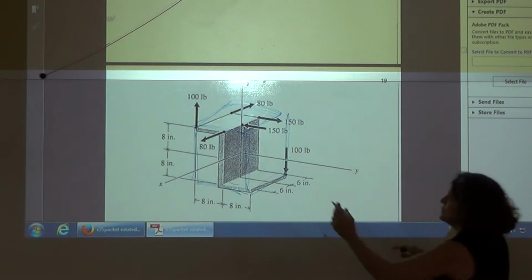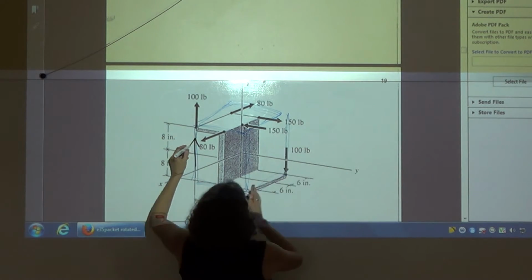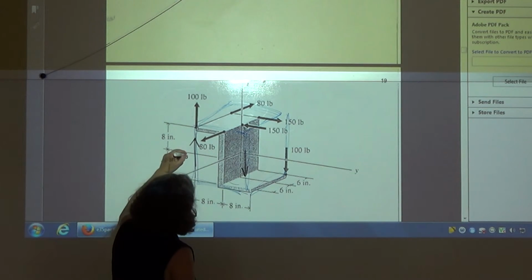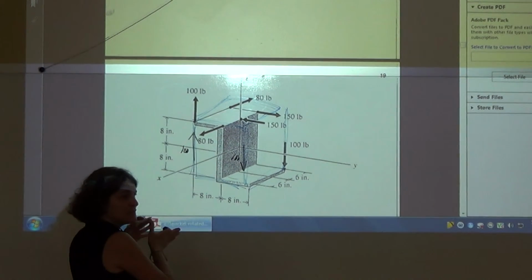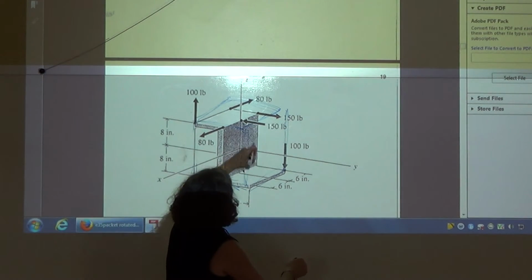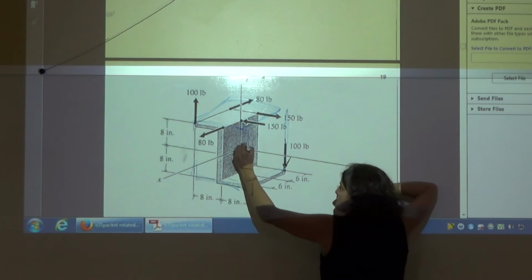I have a 100 going up here on this side, and if I'm looking from this side, I see a 100 going down, a 100 and a 100. If I look from the left side. If I look from the right side, I see a 100 going down here, and I see the 100 going up there.